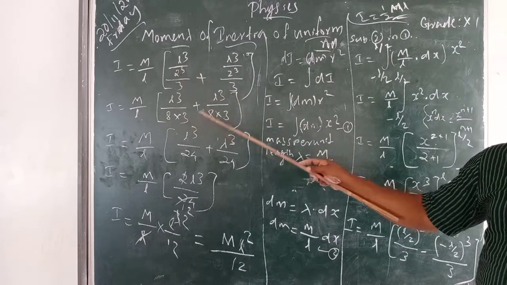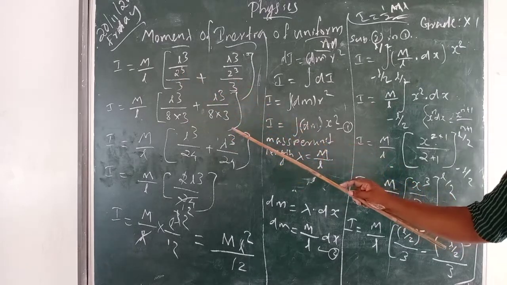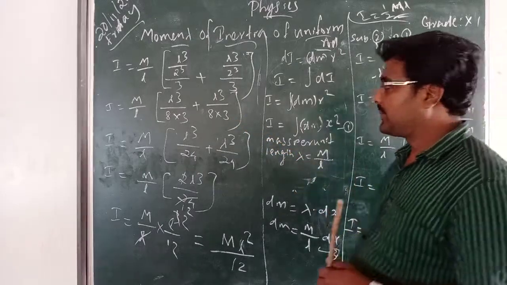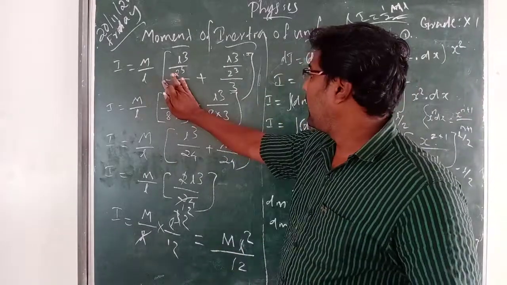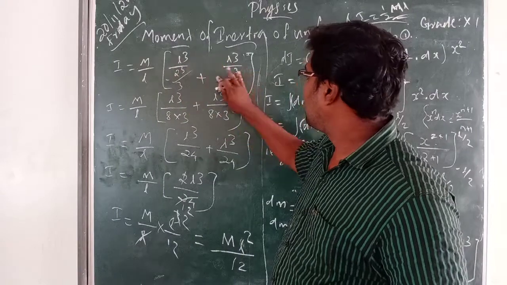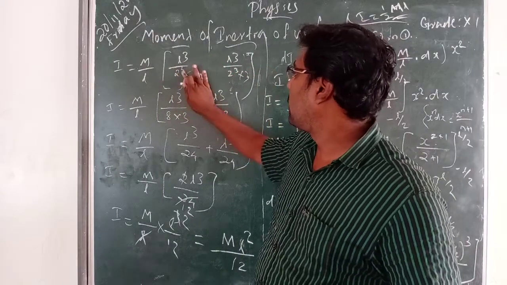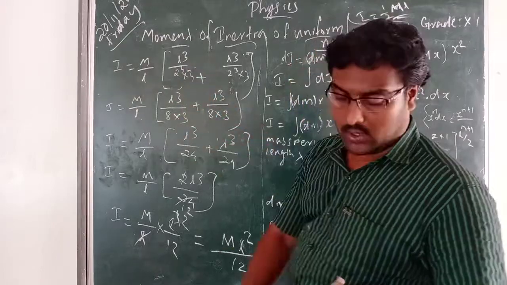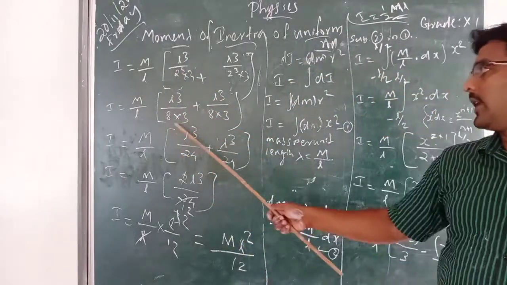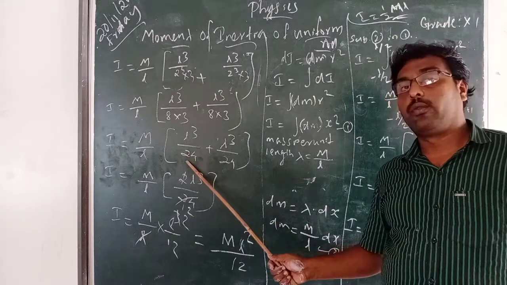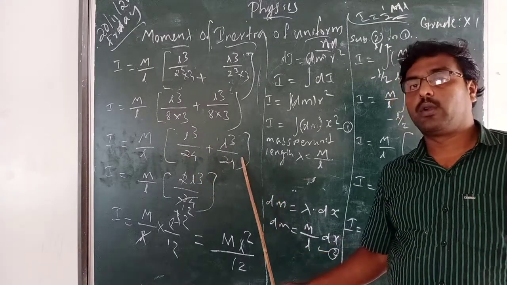So 8 into 3, 8 into 3. Now what will happen? 2 cube into 3 you can write down. So next step, 8 into 3 is 24. So the denominator 24 is same.